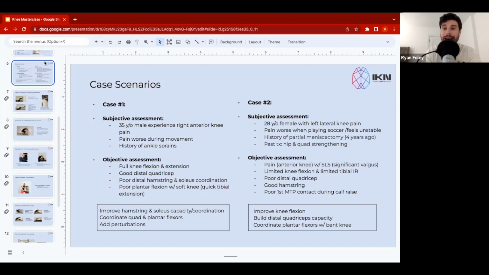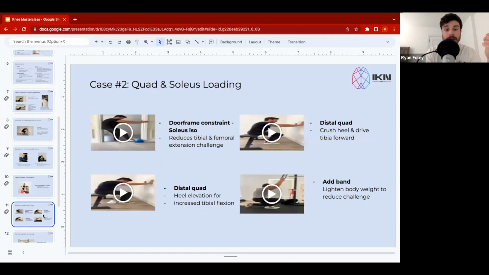So it acts as an agonist to the ACL to control that anterior tibial translation. So sometimes what I see clinically is that if the client has an inability to manage force as well through the soleus, but they still have a good distal quadricep, they still don't have the confidence to move into knee flexion at speed until we actually get some direct load into the soleus, okay?